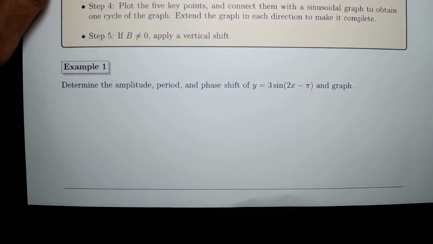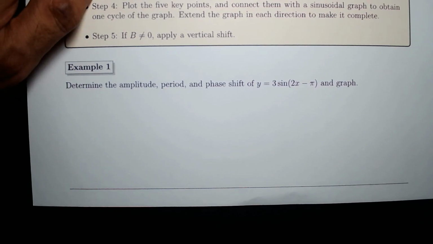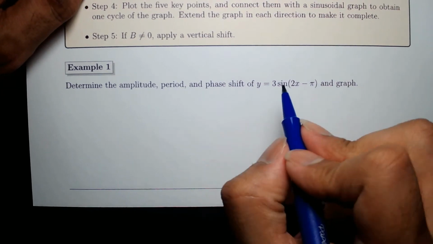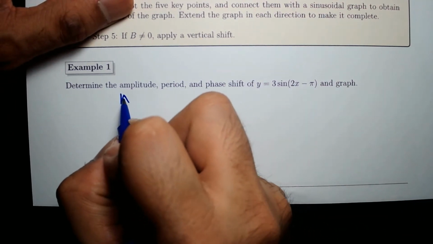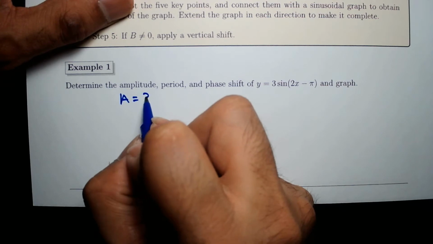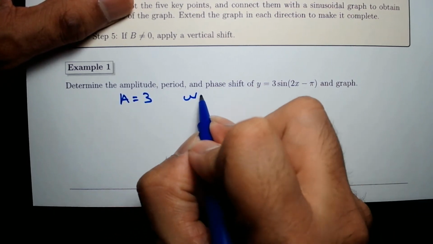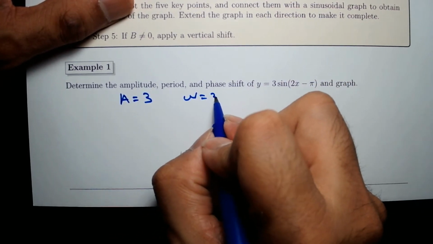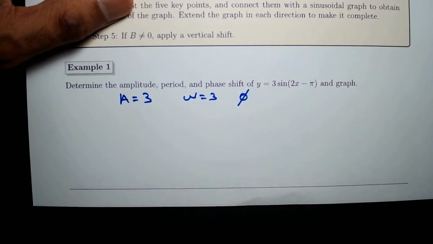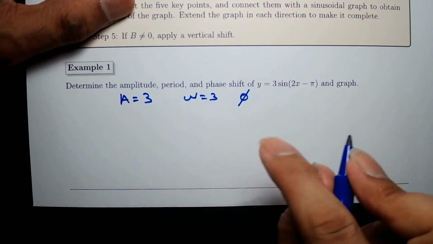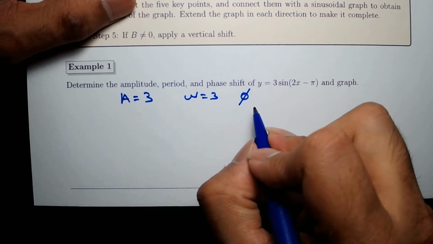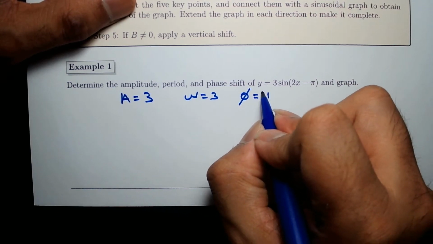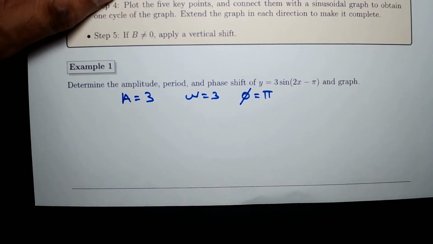Alright, in this case, let's label the givens right here. A, for the amplitude, is 3, and omega, which is the number that multiplies the x, is 3, and phi, which is the number that subtracts from x, is pi.